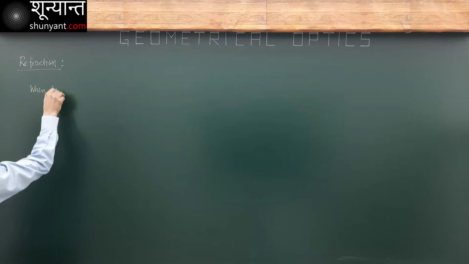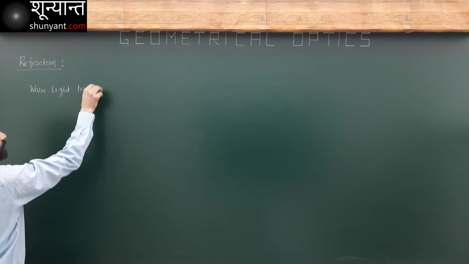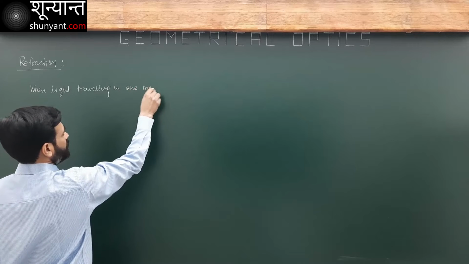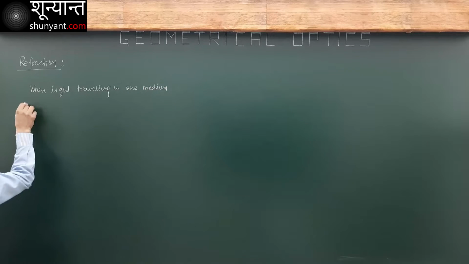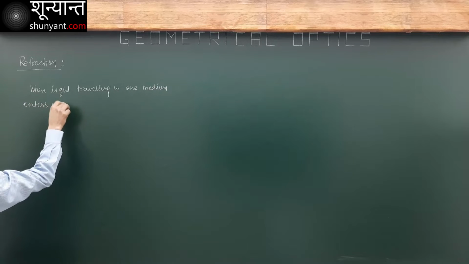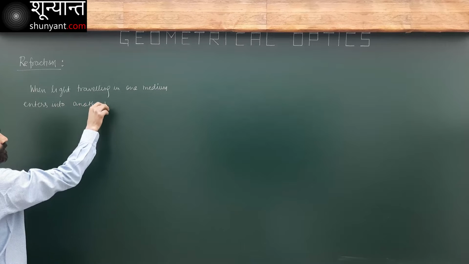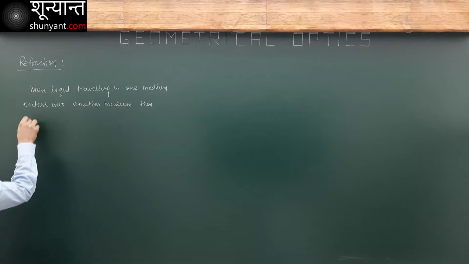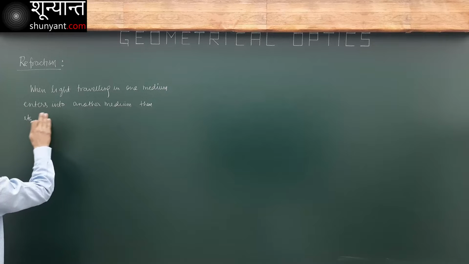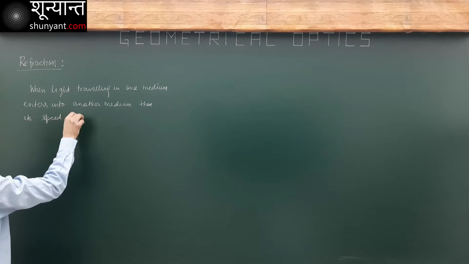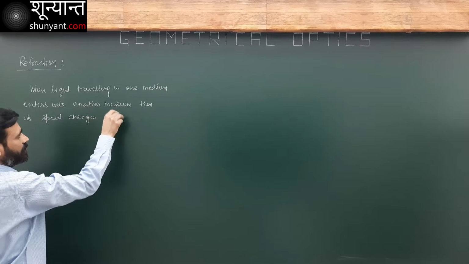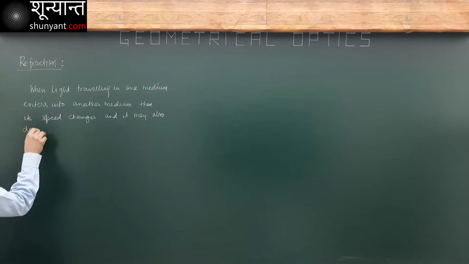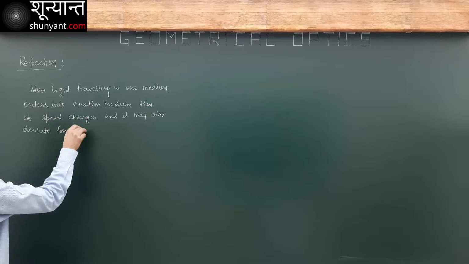When light traveling in one medium enters into another medium, then its velocity, its speed changes, and it may also deviate from its path.